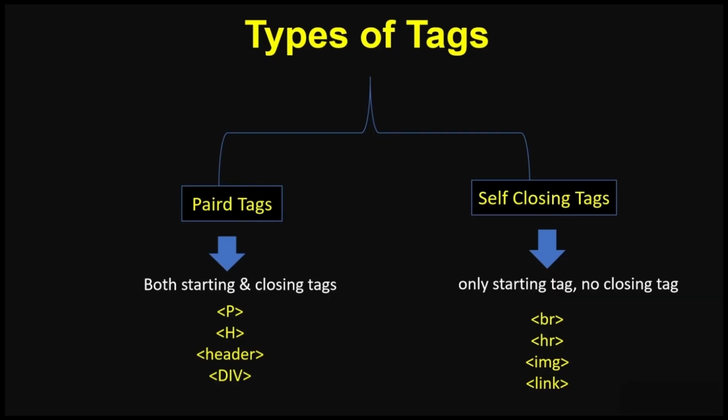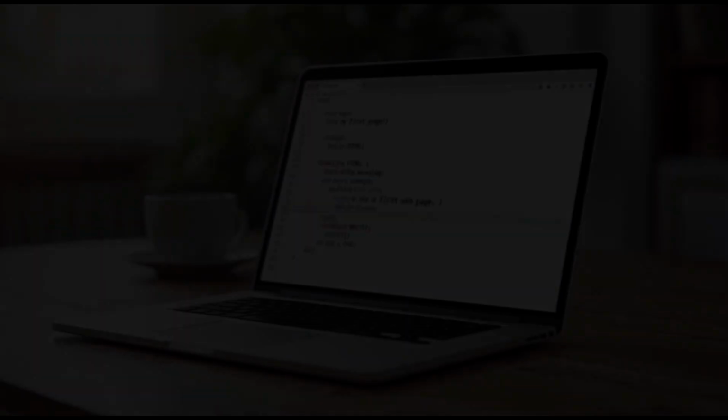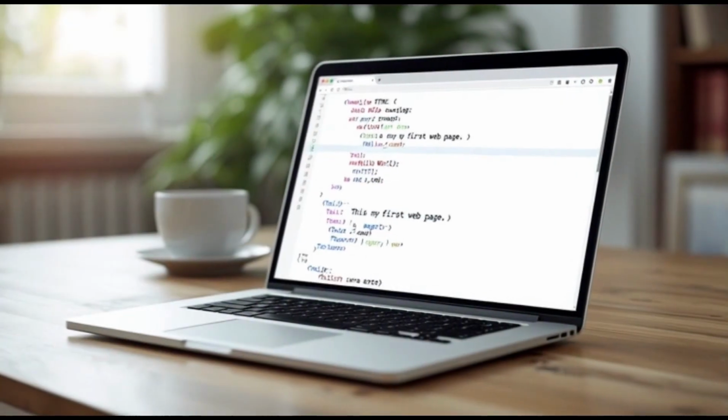For example, hr, br, img, and link are self-closing tags. HTML main elements. Some of the main HTML elements are paragraph, heading, formatting, comments, lists, hyperlinks, images, table, forms, and div element.